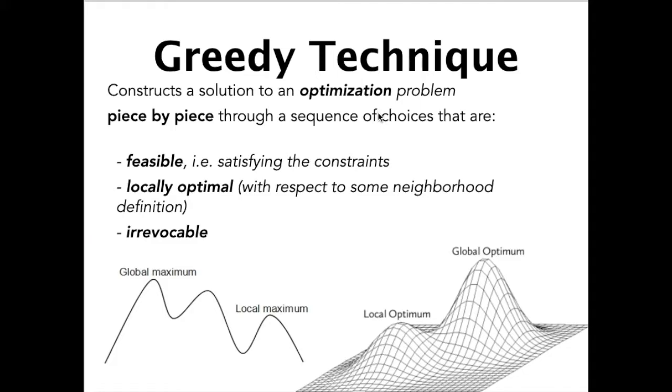So that is an example of a minimization problem. And then the knapsack problem is also an optimization problem where we try to maximize the total value. Okay, so yung greedy technique, it only applies to optimization problems like TSP and knapsack problem, because it utilizes the idea of an objective function.